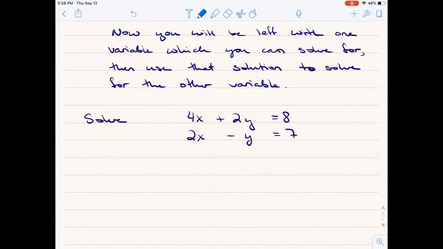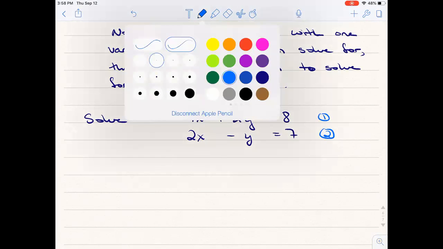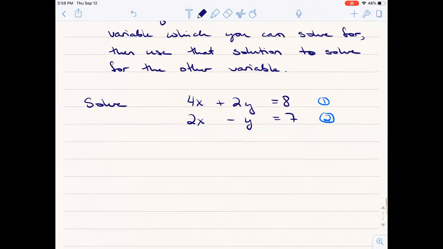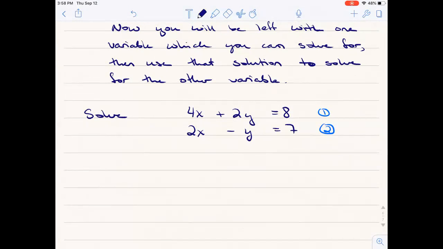Otherwise, you get them all mixed up and it's a mess. So I'll put beside here equation 1 and equation 2. Usually, I write little notes to myself about what I'm about to do, like I'm going to solve for x in equation 1, and then I know where I'm at.